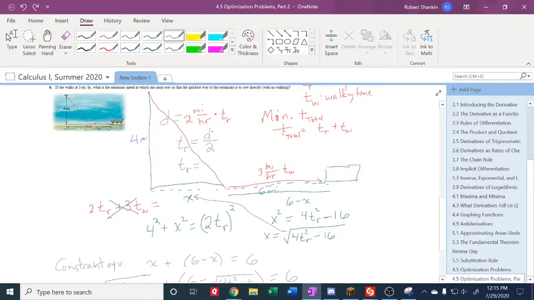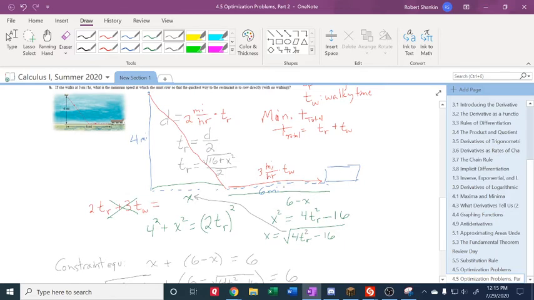Okay, so what does this distance get replaced with? That's the square root of x squared plus 16, because it's the hypotenuse, and you use the Pythagorean theorem on this. All right, so the square root of 16 plus x squared over 2. So that's the time that it took to travel this one.